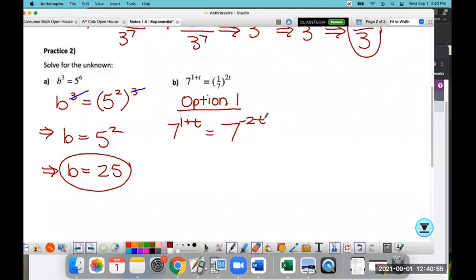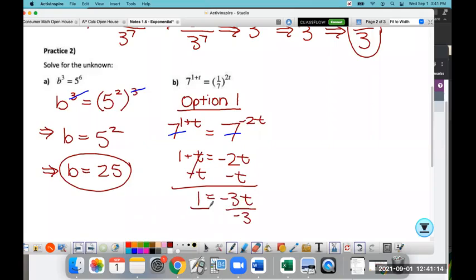All right, so now since my bases are the same, I can go ahead and essentially cancel them out and solve for my powers. All right, so t equals negative 1/3.